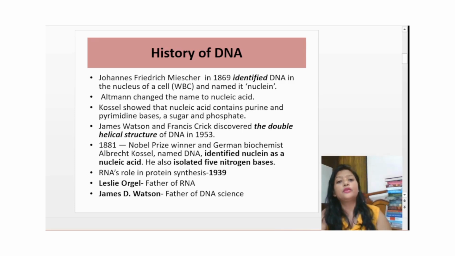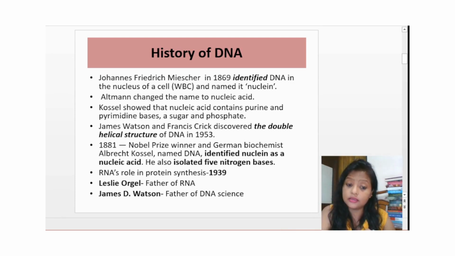Okay. Now, next we'll talk about RNA. RNA was discovered before DNA, because when the discovery of nuclein was going on, at that same time this RNA was discovered. Therefore, RNA is also the first genetic material to be discovered. And RNA's role in protein synthesis, we know that RNA is useful for protein synthesis, was discovered in 1939.